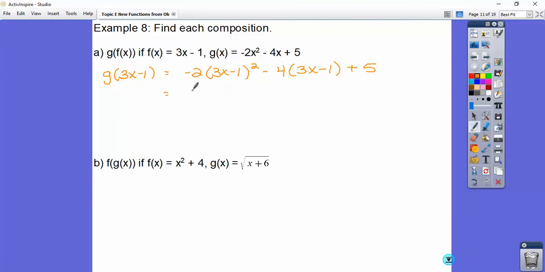FOIL it. Think about writing it twice and foiling. So you would get 9x squared minus 6x plus 1. Here you need to distribute the negative 4. So that's a negative 12x plus 4 plus 5. We distribute the negative 2.